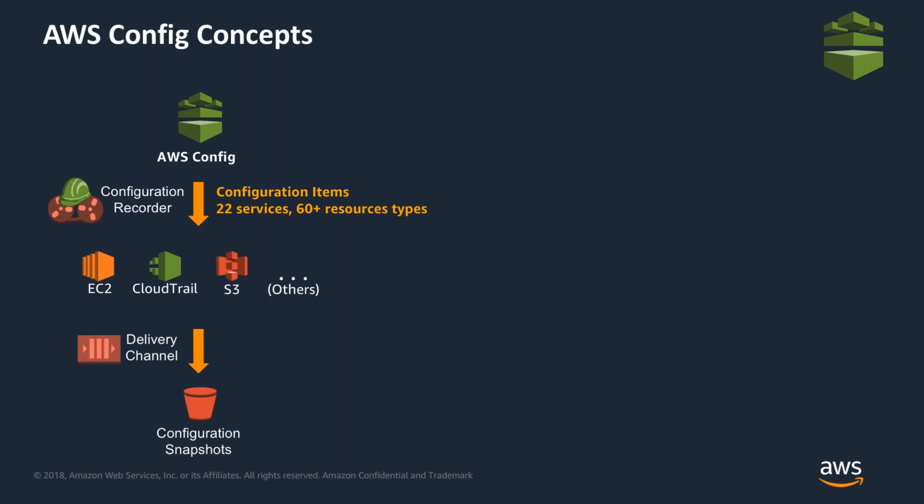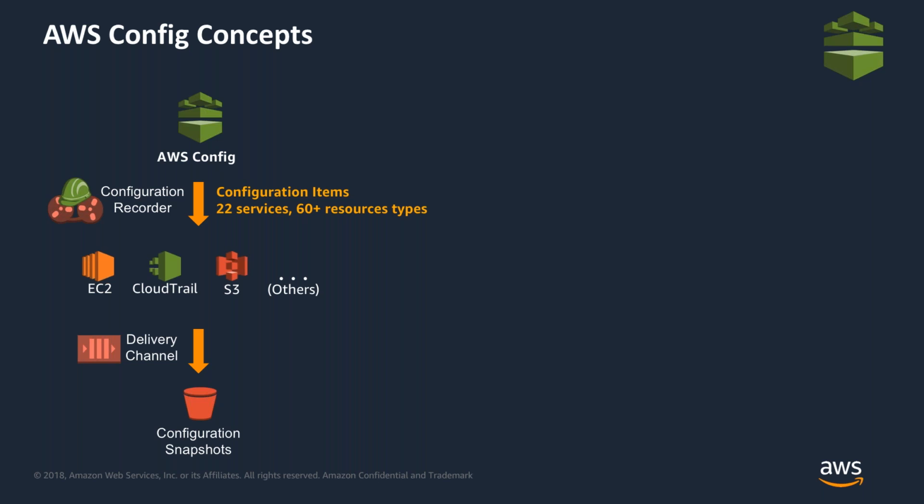AWS Config currently supports 22 services and over 60 resource types, and these numbers are continually growing, so keep an eye out on that. We'll delve into the different components of a configuration item and their importance a bit later in the session, but for now, we'll continue on.